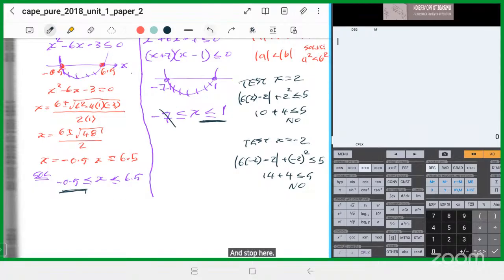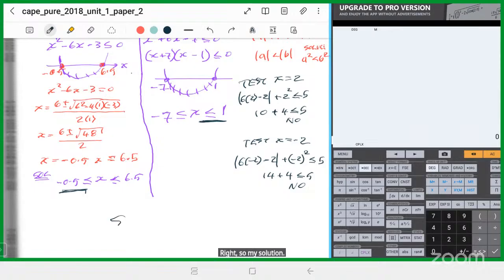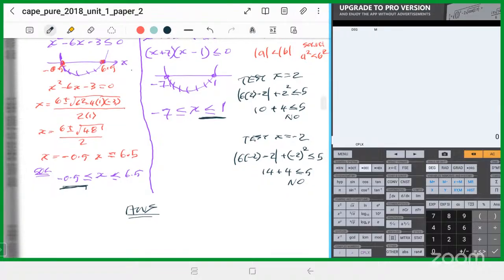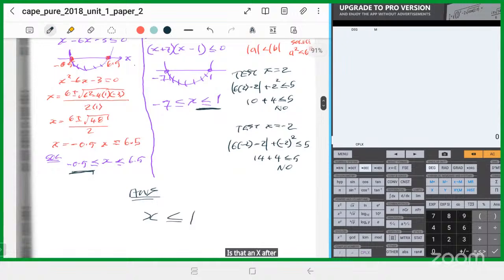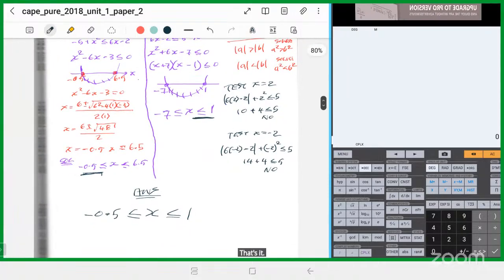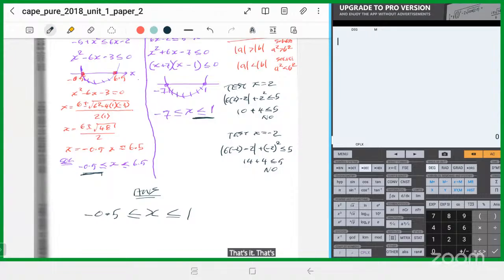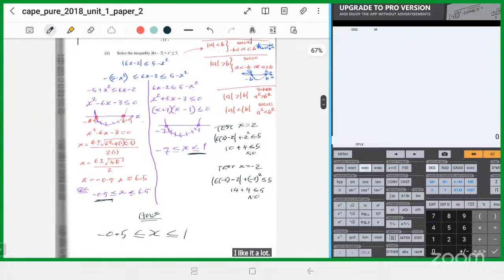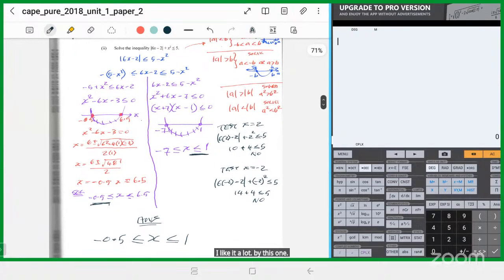So my solution, which is my answer, is that x has to stop at 1 and -0.5. Can't go outside of those two. That's it. That's my solution. That was a nice question. I like it a lot. I wrote that.